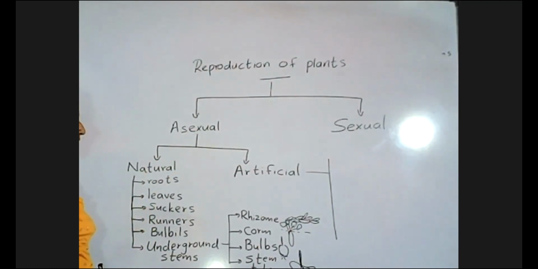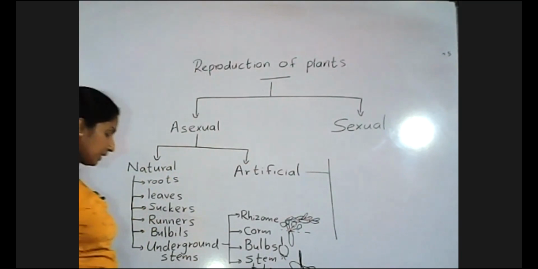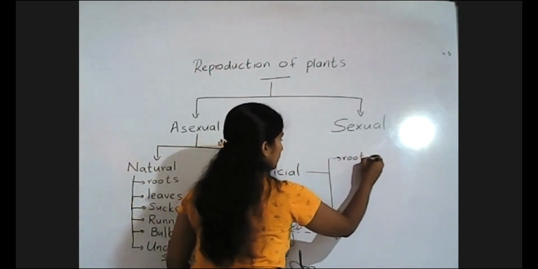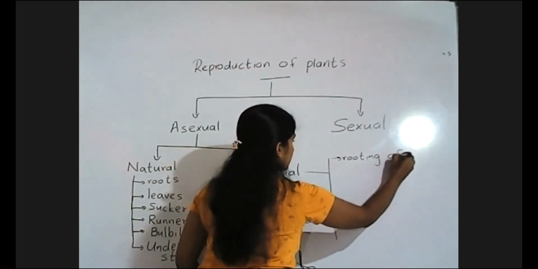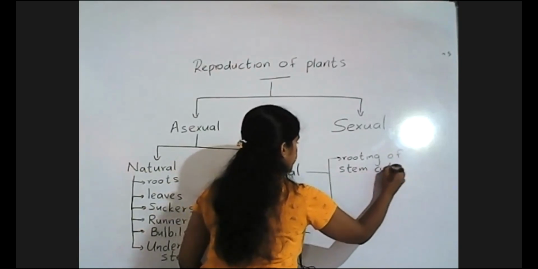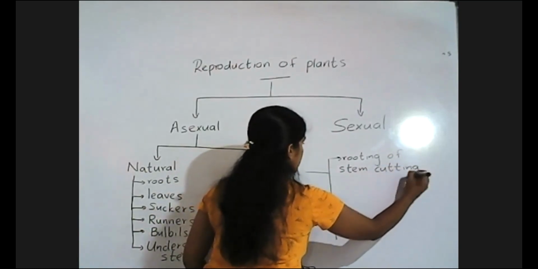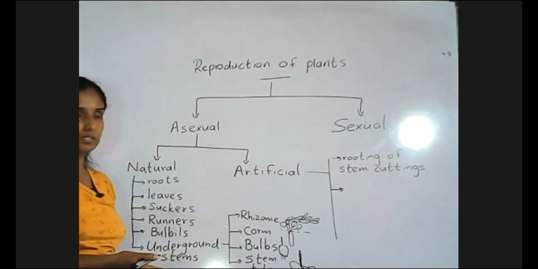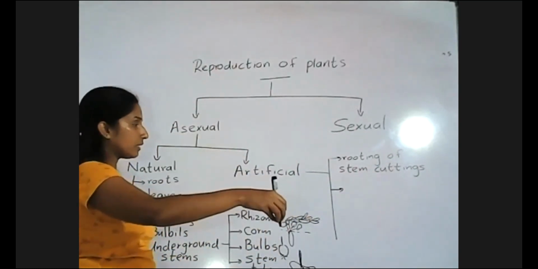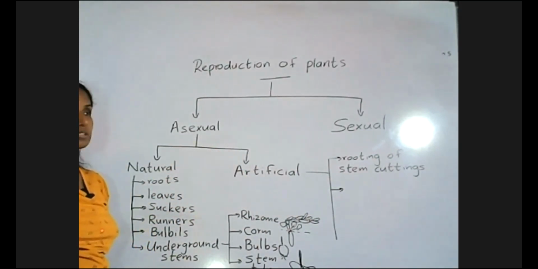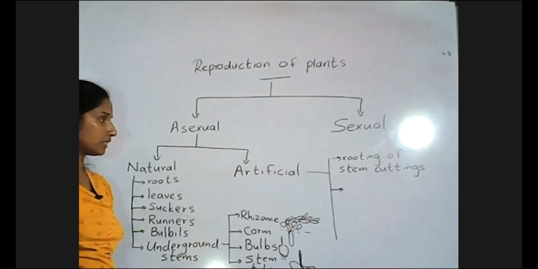What are the methods? Rooting of stem cutting. That means we cut a part of the stem and grow it as a new plant, like in roses or shoe flowers.